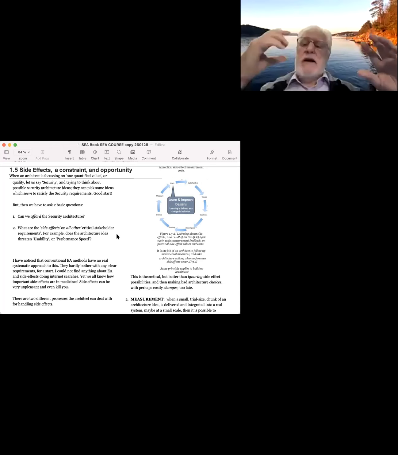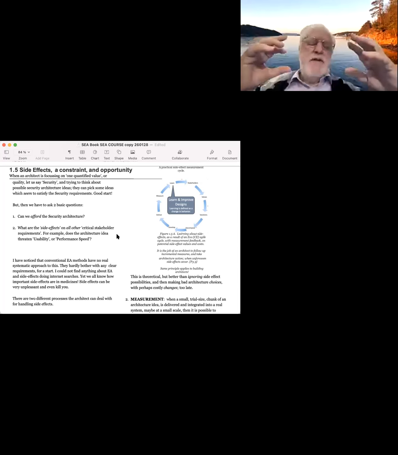For example, it may cost some money. It may cost some time and resources to translate in the system. And it may even threaten other major top 10 objectives, typically usability. Every time you tighten security, you tend to reduce some kind of usability a little bit.